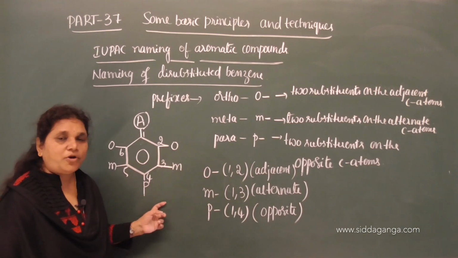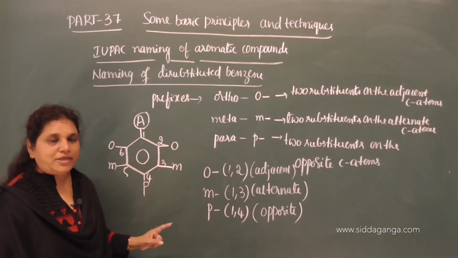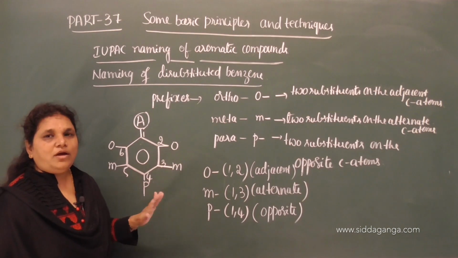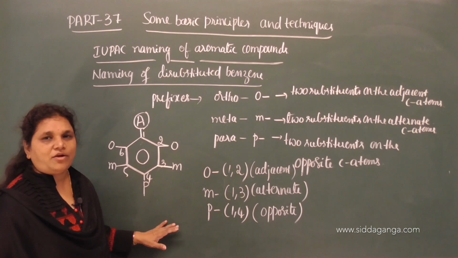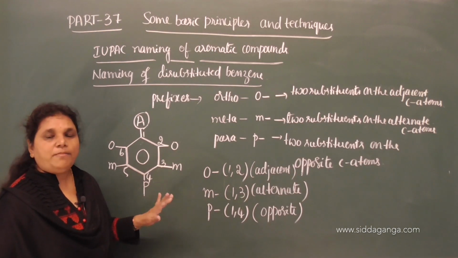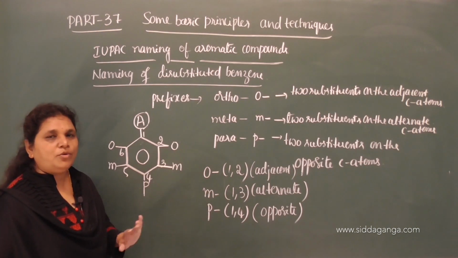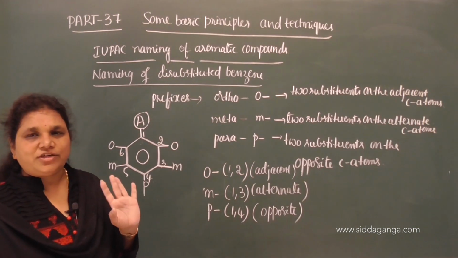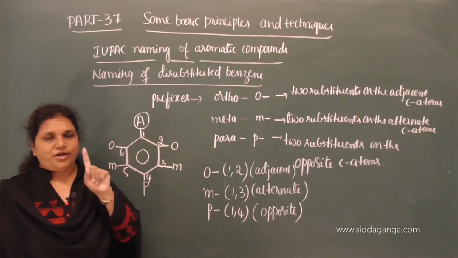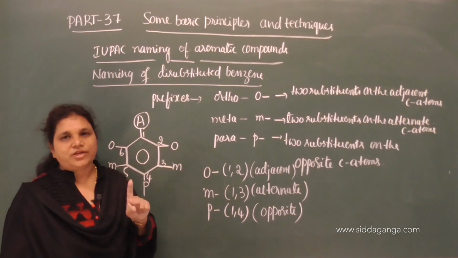And one more point, for monosubstituted benzene there is no designation of prefixes. We are not using any prefixes here, no ortho, meta, para. We only need to give the position using locant 1, because only one substituent is there.